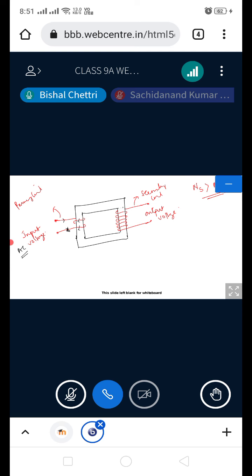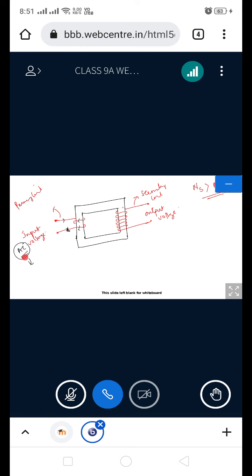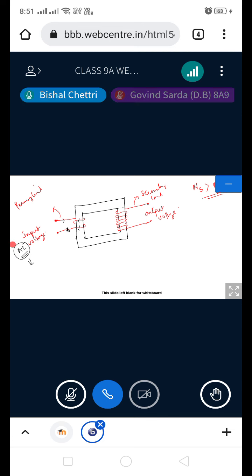So if we are talking about input AC voltage, what kind of current is that? AC means what? What is the abbreviation of AC? Alternating current. That means if it is alternating current, it is changing its direction or phase periodically with time or not?